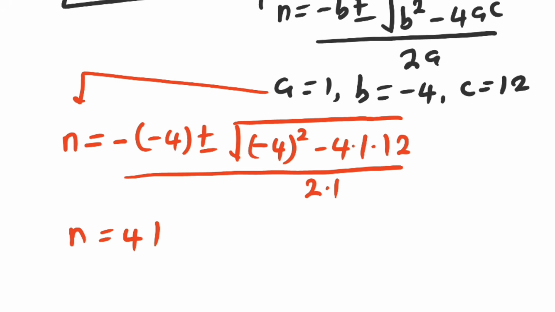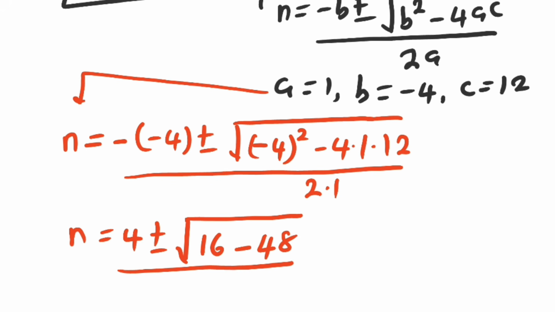This is 4 plus or minus square root of minus 4 squared, that is 16, minus 4 times 1 times 12, that is minus 48, over 2.